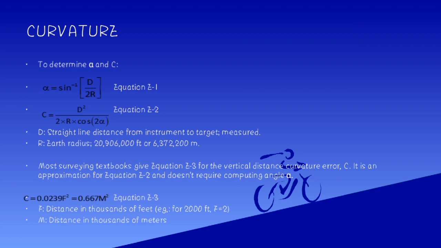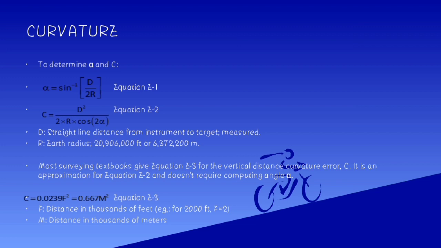So that is our equation 3, where F is the distance in thousands of feet. For example, for 2000 feet, our F is going to be equal to 2. Then M is the distance in thousands of meters.